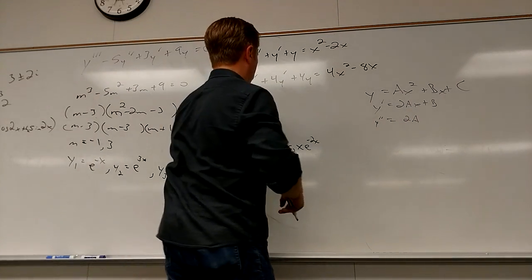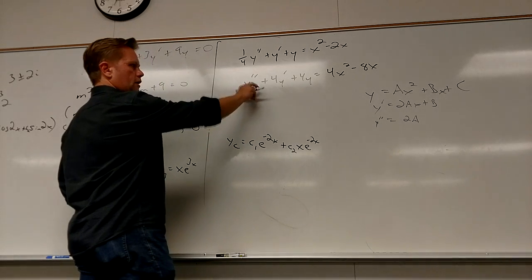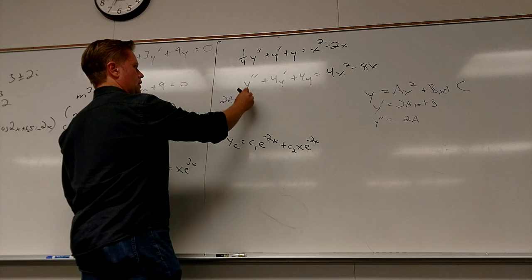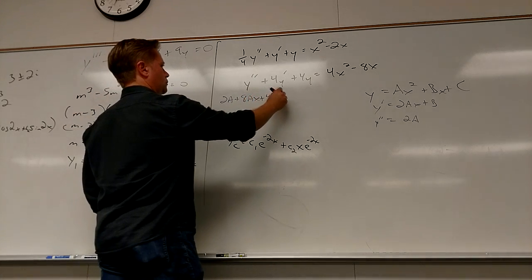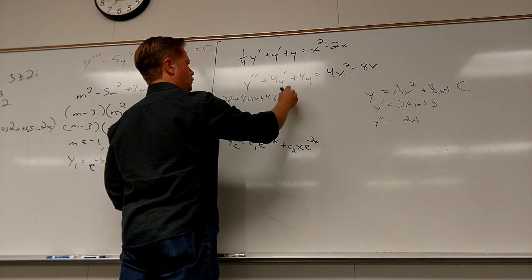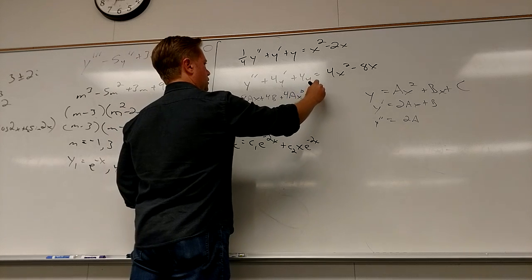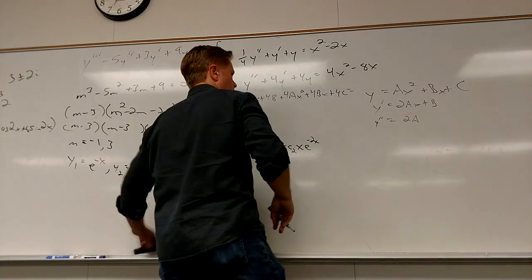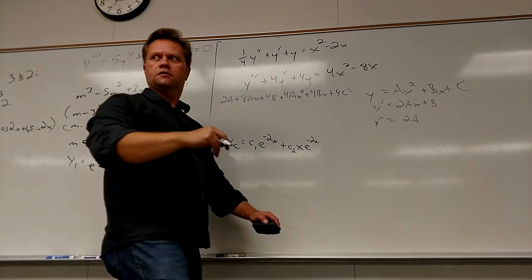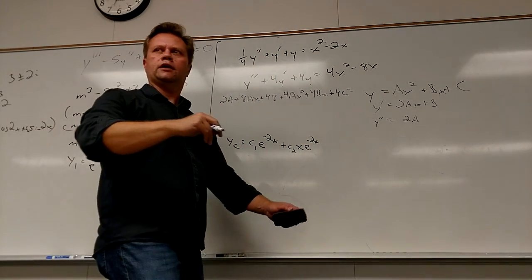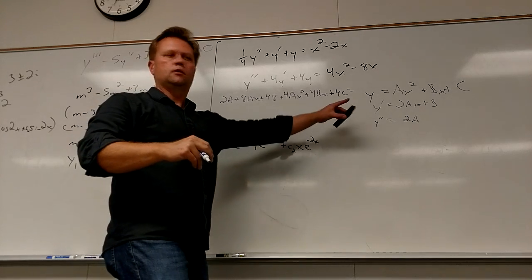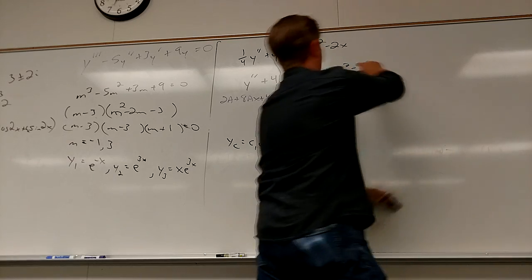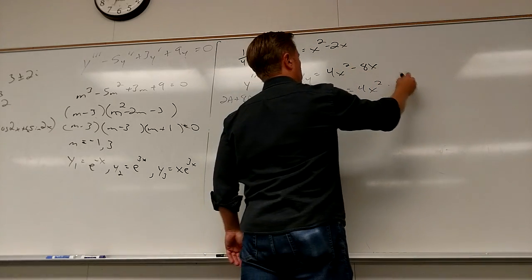I get 2a plus 4 times 2ax plus b, that's 8ax plus 4b, plus 4 times y, which is 4ax squared plus 4bx plus 4c, equals, can I erase that? I'm going to erase that so I have some room. Equals 4x squared minus 8.